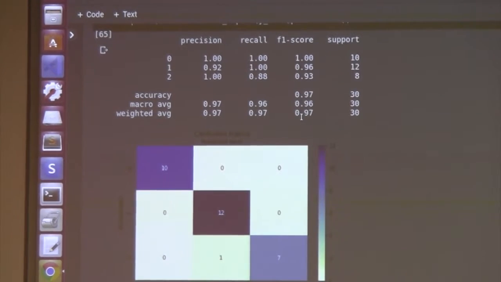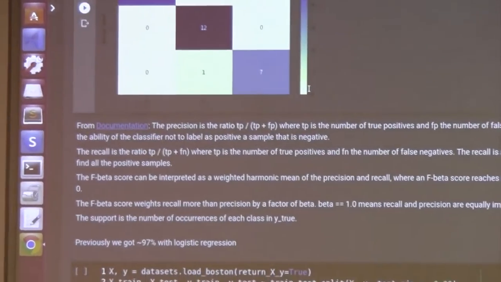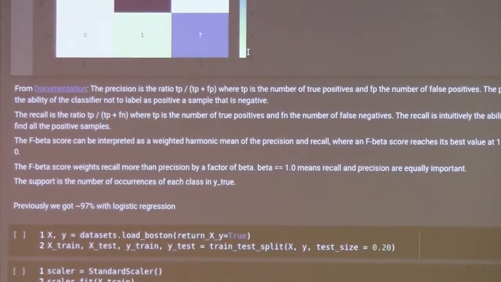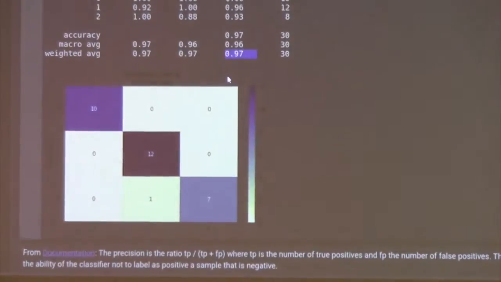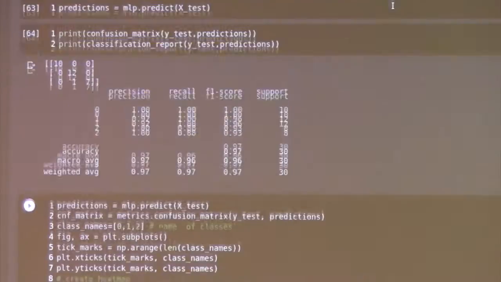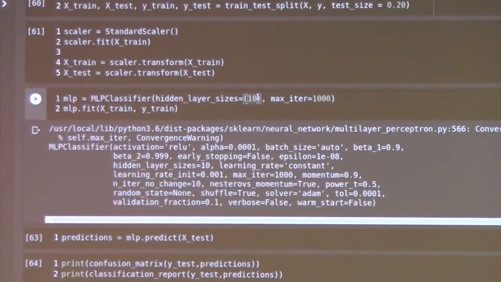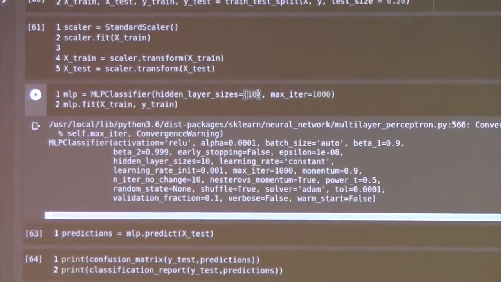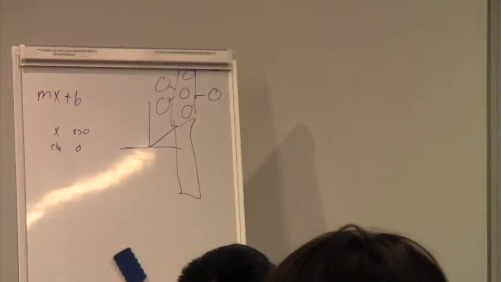So we get about 97% accuracy on this, which we also achieved about the same with logistic regression as mentioned before. Now, the nice thing about this is we can also change this part here to change our layer sizes. So if we have 10 here, and we want to add another 10, it's extremely easy.